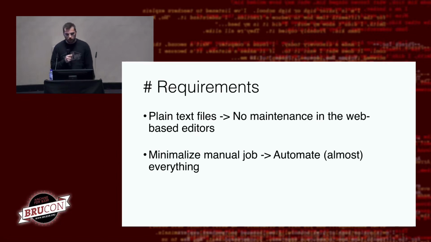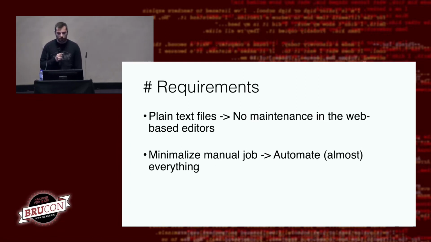When we initially implemented this approach, we were using Confluence for storing the knowledge base, and it required from us a lot of manual job when we were editing something or when we were adding new entities. So we wanted to make it simple. And as I said, we wanted to make it as automated as possible, so automate almost everything.